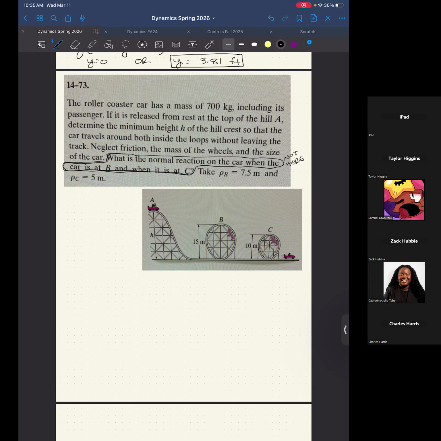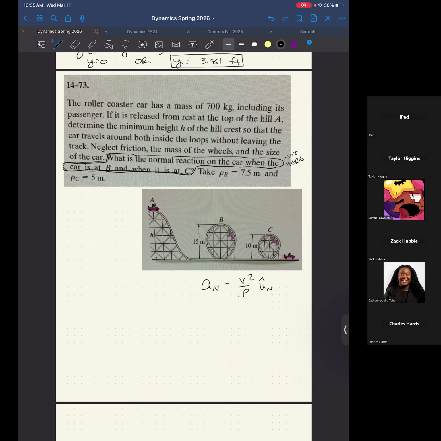Whenever you're given radius of curvature, what does that make you think about? Acceleration in the NT coordinates. Yeah, absolutely. So we will absolutely have to use the fact that the acceleration in the normal direction is equal to v squared over rho u hat n.